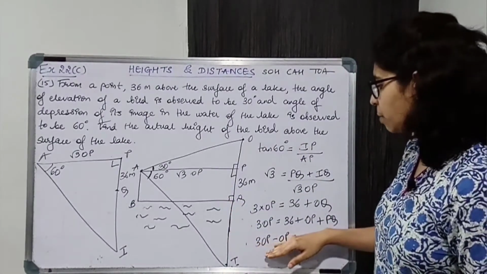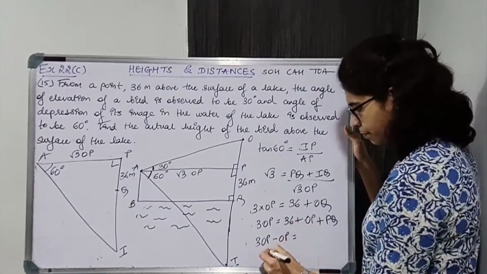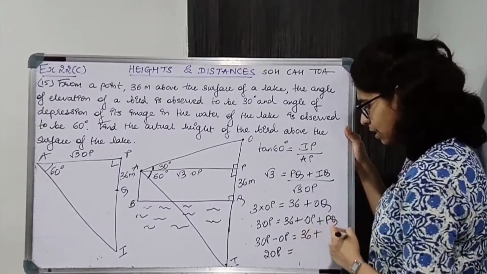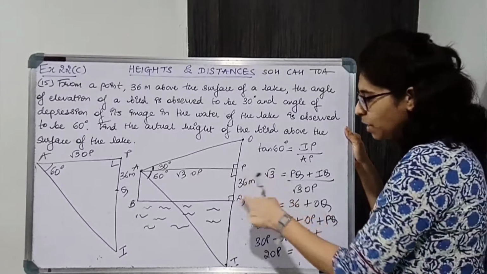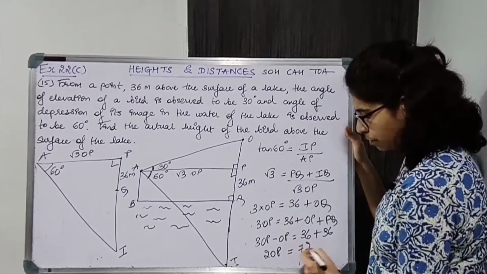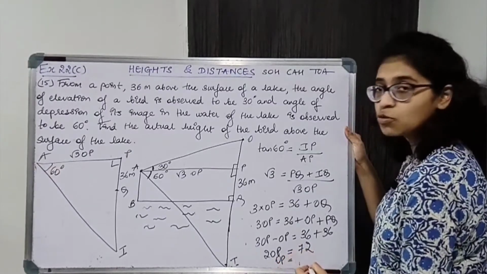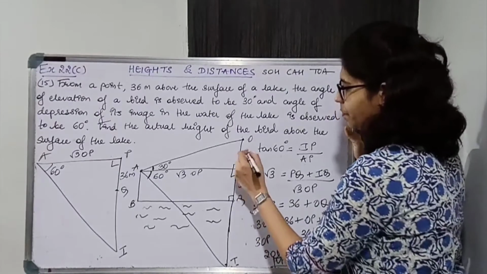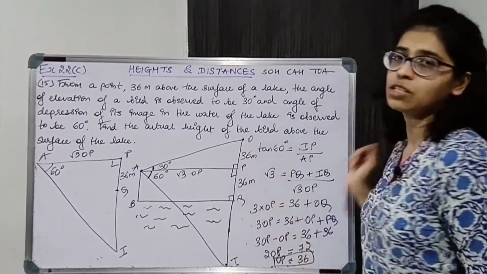So 3OP minus OP, 2OP ho jayega. Here 36 plus PQ, again PQ is 36. So 36 plus 36 gives 72. So OP is equal to 72 upon 2, that is nothing but 36. So OP is 36 meters.